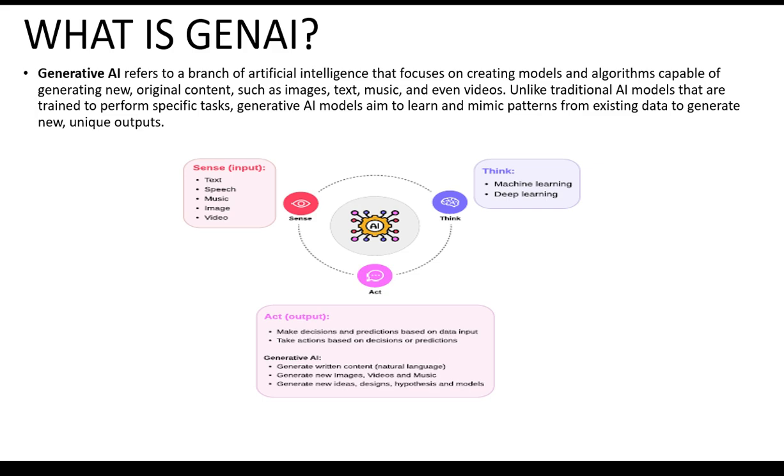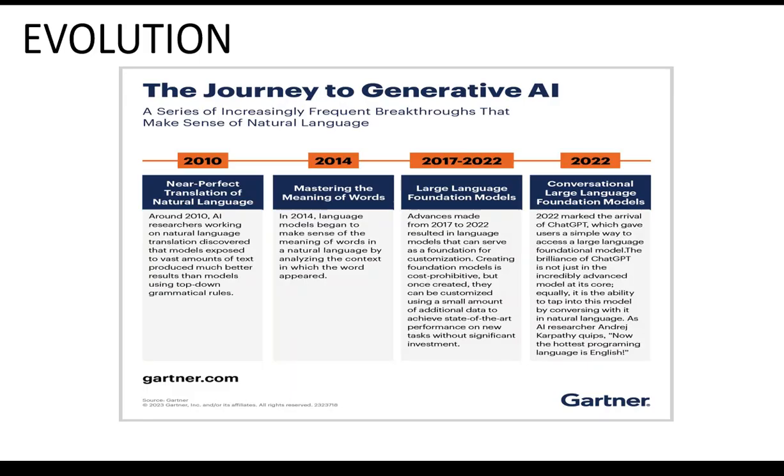So let's get moving. So, the evolution. So, the journey to generative AI. So, it started with 2010 and before, where we have near perfect translation of natural language. Then comes 2014. Then we made some progress. Researchers made some progress. Okay.